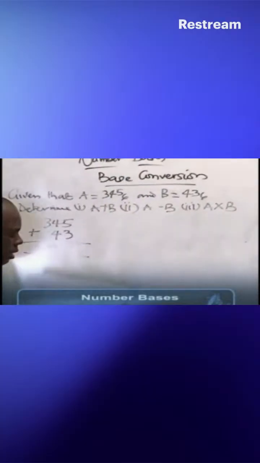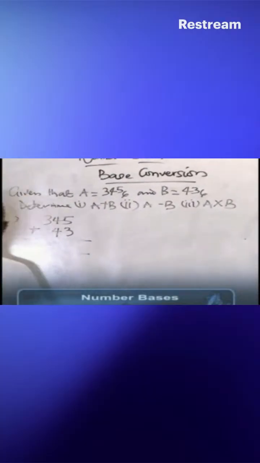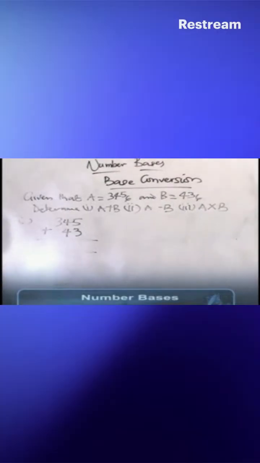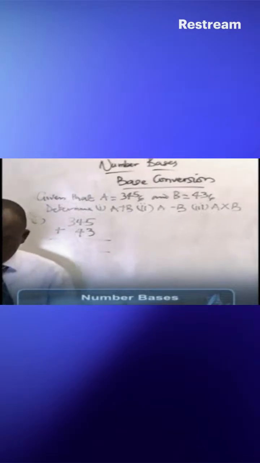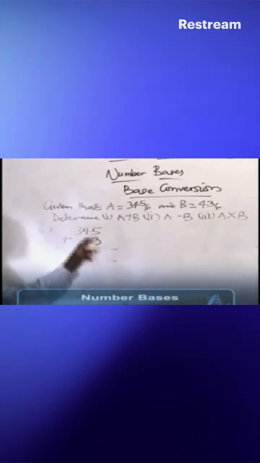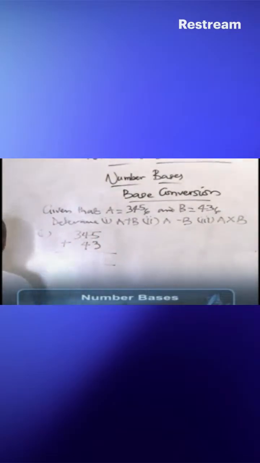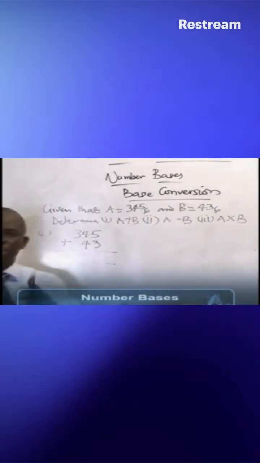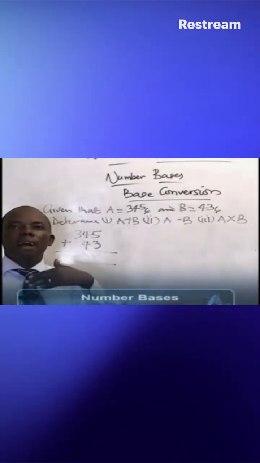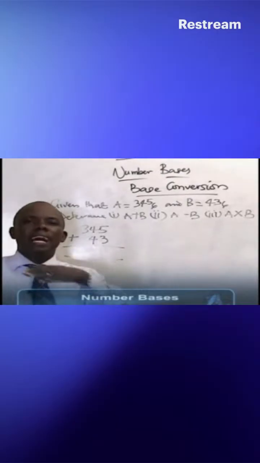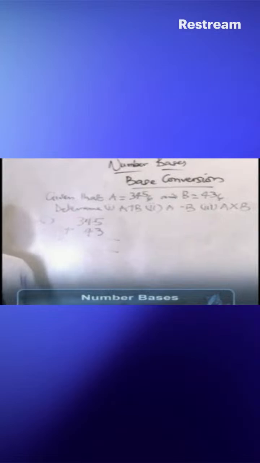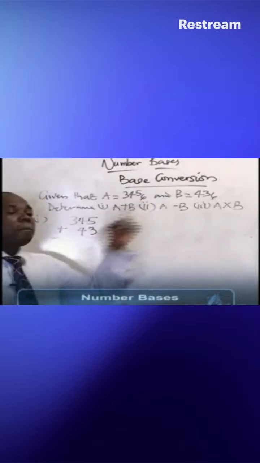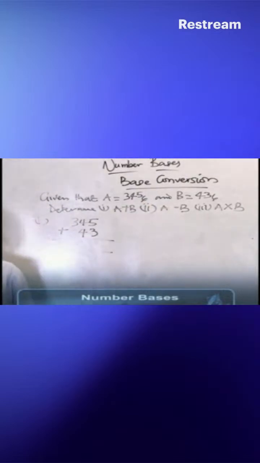And it's good for me to first of all explain something so that when I start working, you will understand what I am doing. If I add 5 plus 3, ordinarily, in regular operations, all I will just do is to write 8 here. But because I'm dealing in base 6, I cannot do it.